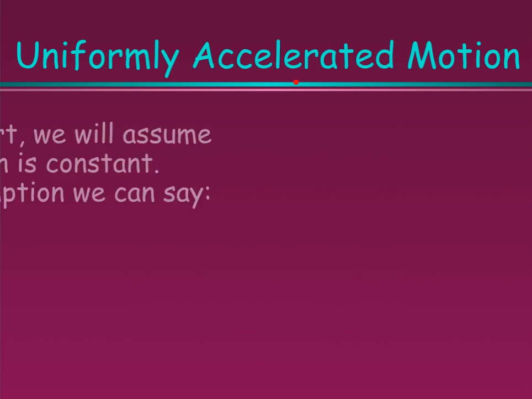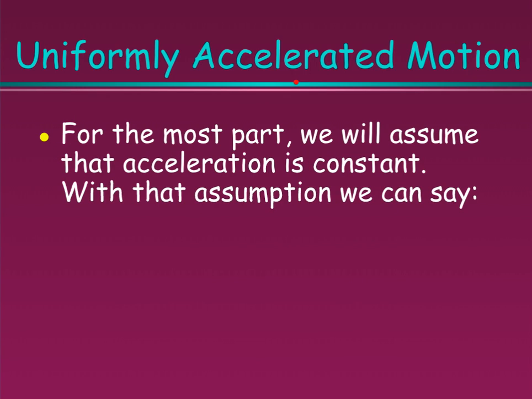For the most part, we're going to assume that acceleration is constant, although driving to school today, you probably realized that acceleration is usually not constant. You step on the brake really hard, or you accelerate slowly and then you speed up really quickly. Acceleration is usually different, but for our mathematical problems, we're going to assume that acceleration is constant.